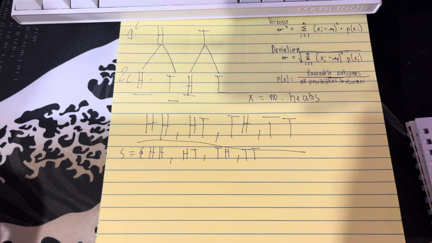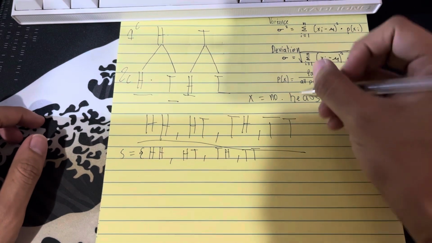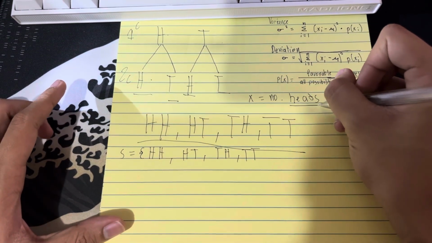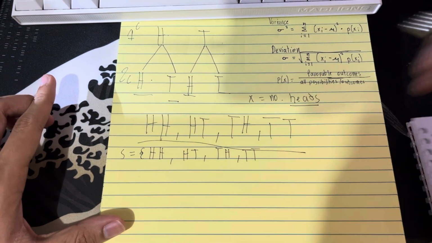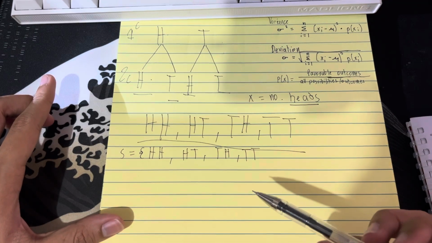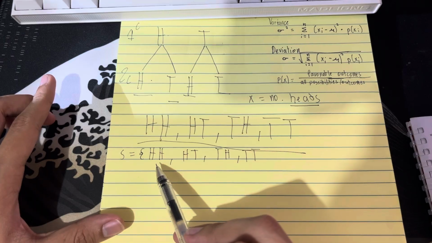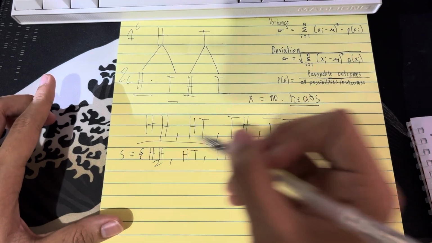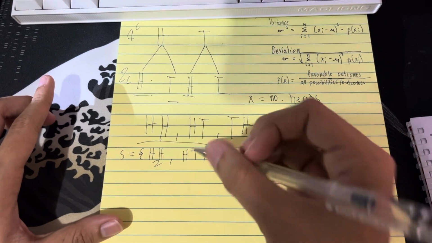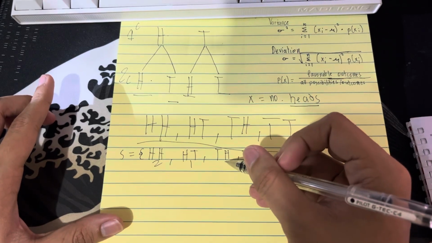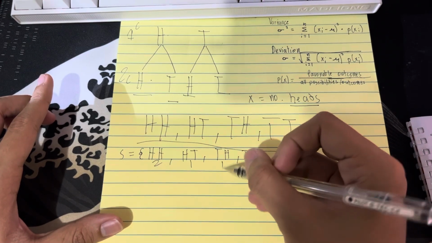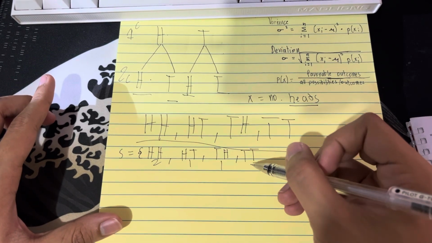X is looking for heads, so now what we're going to do is count how many heads there are. How many heads does this have? You're right, it has 2. How many heads does this have? 1. And this has 1. Now what about this? It has 0.